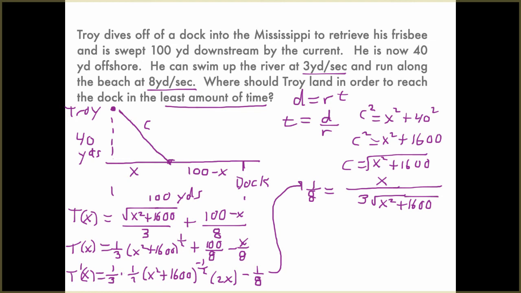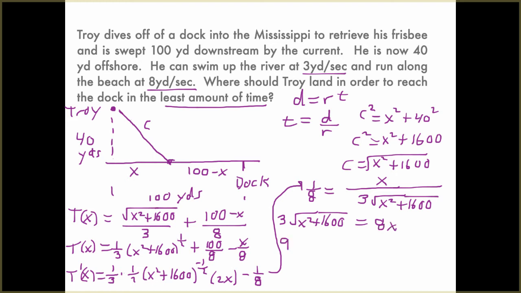All right, as we set it equal to 0, I'm going to solve it for x. I'm going to do this by cross multiplication first. So we have 3 square root of x squared plus 1600 equals 8x. I'm going to square both sides.